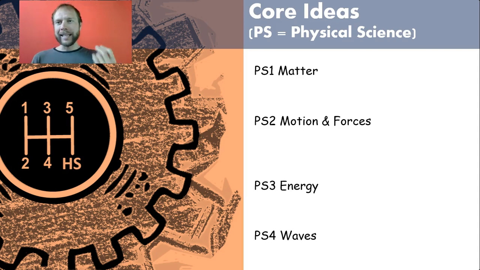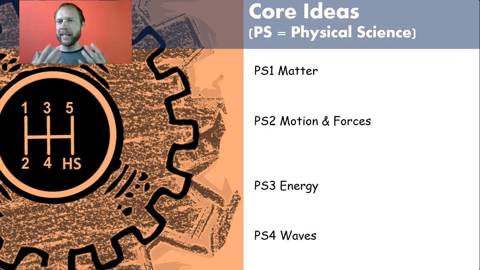So let's break this down. The core ideas just for the physical sciences, right? Just one of the science disciplines. They're not all going to fit on one page. Each of the sciences is going to have an abbreviation in the standards usually. For example, physical science is PS.